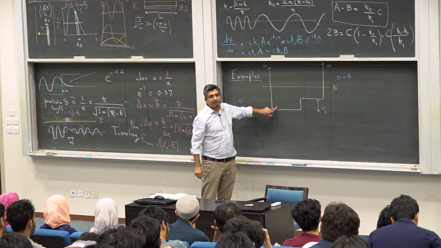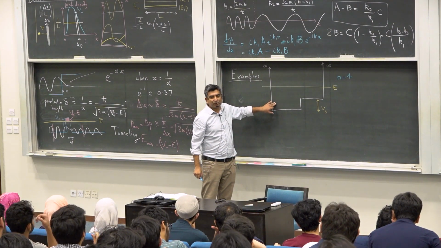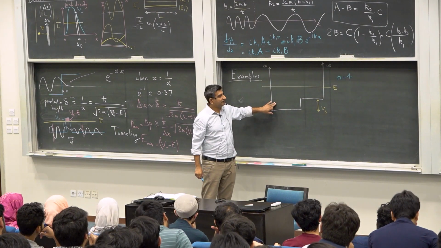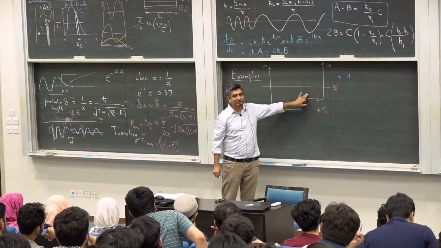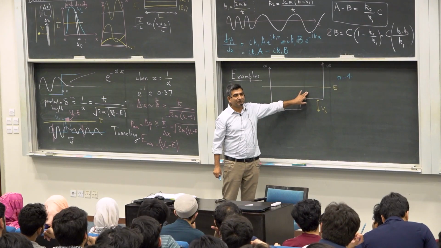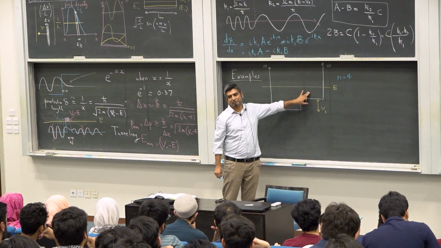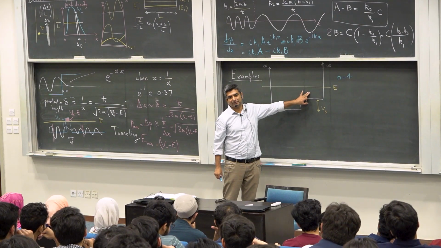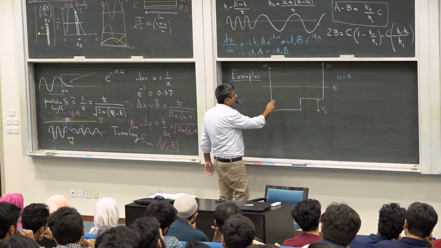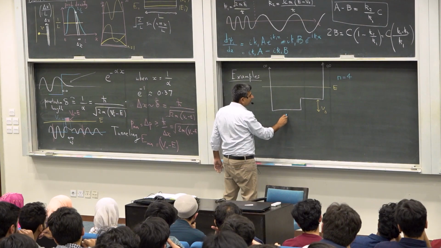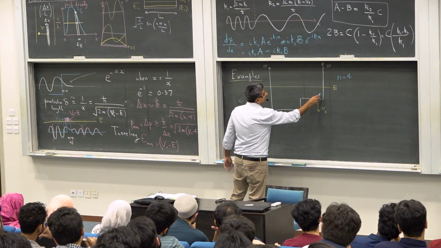The kinetic energy is large here, so the wavelength is smaller. Here the kinetic energy is small, so the wavelength must be longer, and the speed is also small here. So I want small wavelength here, large wavelength here.